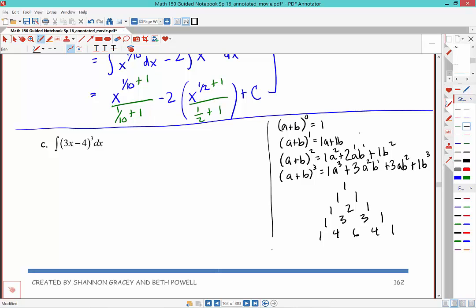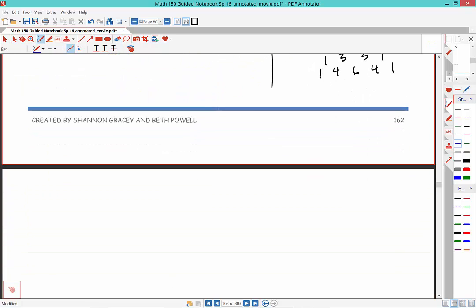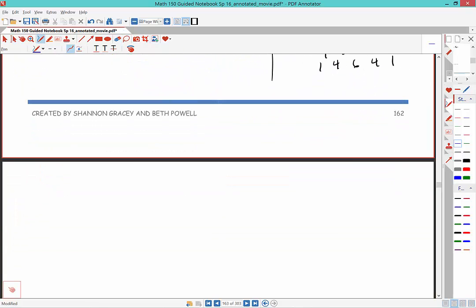So with that in mind, this is going to be equal to the integral of... You know what? I'm going to do this below here. So what was it? 3x minus 4 cubed.